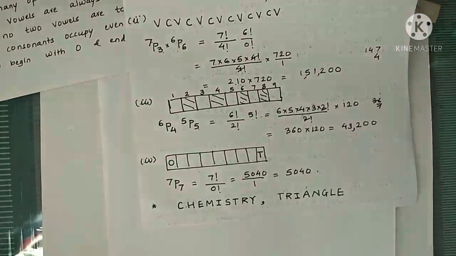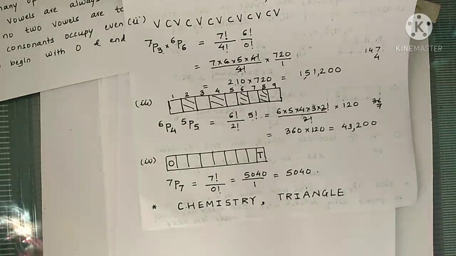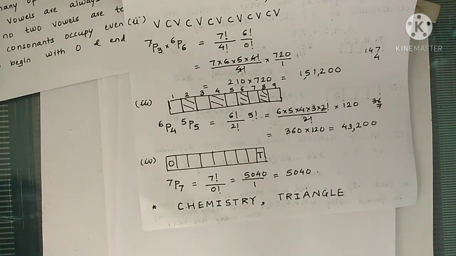Okay. Now solve the same set of questions for the words chemistry and triangle. So same type of questions. Find the total number of arrangements. Find the number of arrangements where vowels are together. Then the second one is no two vowels are together. Then consonants occupy even places.